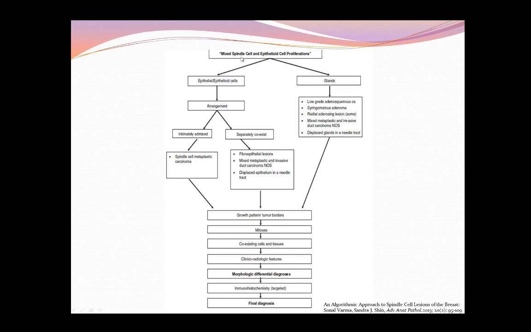Then, mixed spindle and epithelial cell proliferation. Look for the epithelial component. If it's epithelioid or is actually in the form of glands, then the differential is narrow.